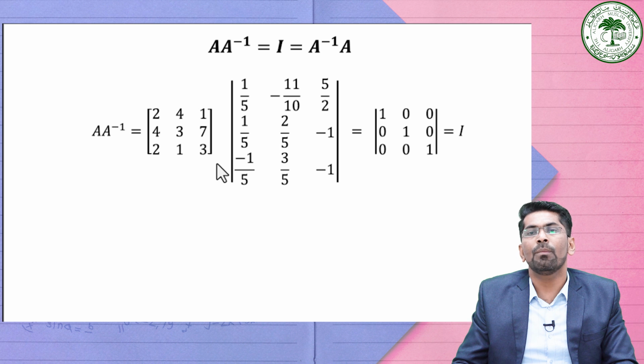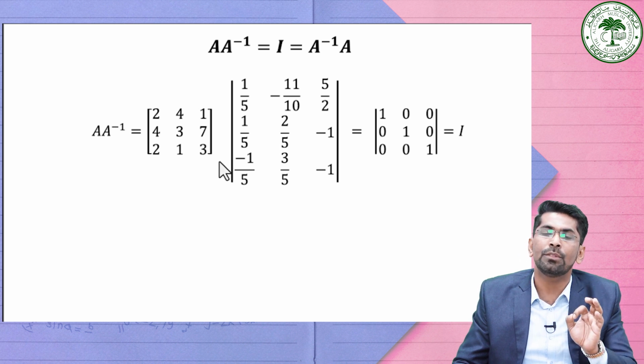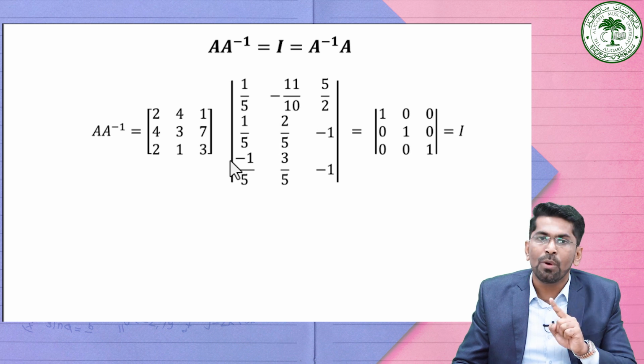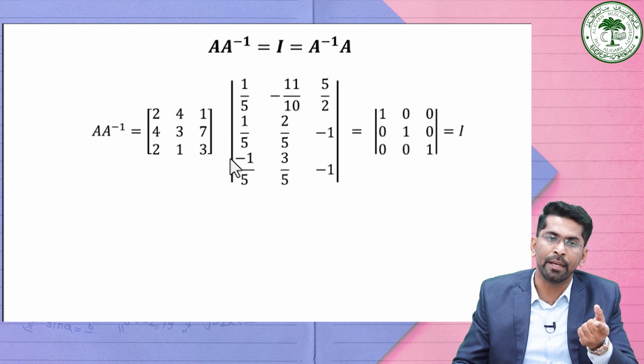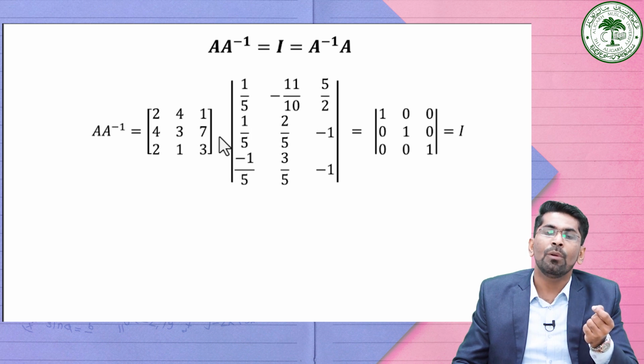If you multiply a 3 by 3 matrix with another 3 by 3 matrix, of course these have the same orders, so the multiplication is possible, and it will produce a 3 by 3 matrix again. You know how to multiply it. We multiply the first row with the first column, second column and third column of the inverse.